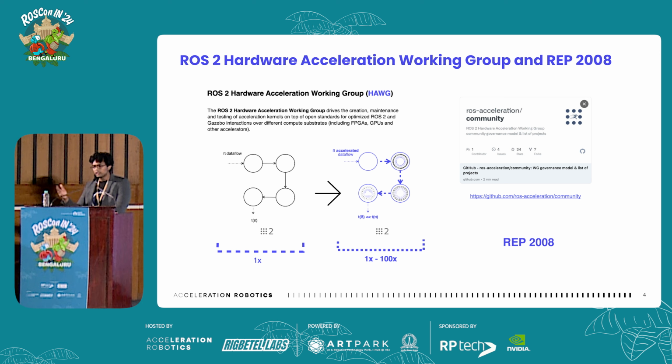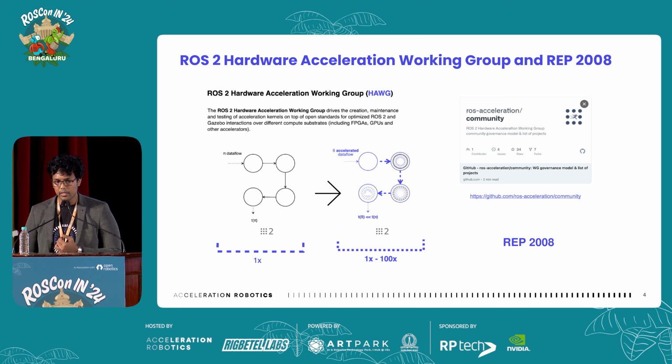The main result of that was REP 2008. REP stands for ROS Enhancement Proposal. What we achieved in REP 2008 was to standardize the approach in which hardware acceleration solutions can be deployed into the ROS ecosystem. We provided standardized APIs and guidelines as to how you should be writing a hardware accelerated package.